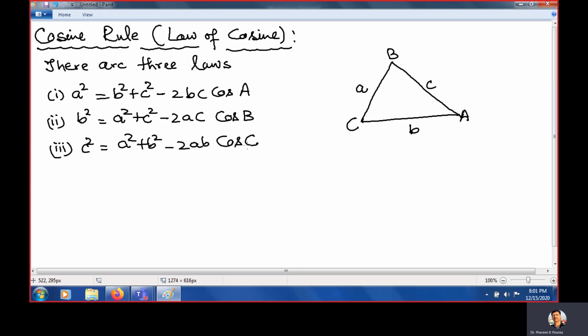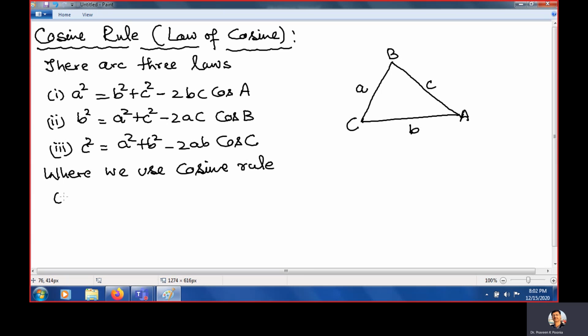Clear? Now, where we can use each rule and where we cannot. Where the sine rule is used, the cosine rule is not used, and where the cosine rule is used, the sine rule is not used. There are only two places where we use the cosine rule.